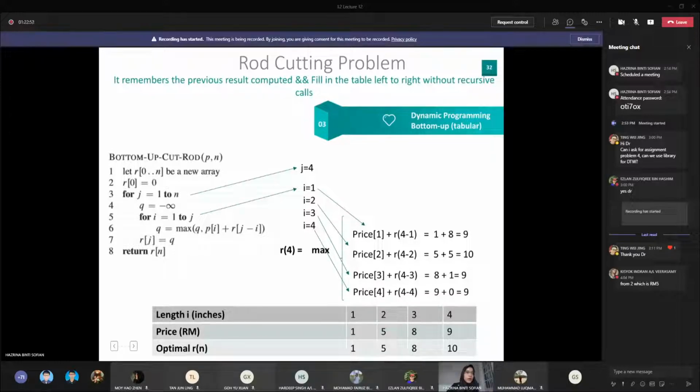So right now, this can be used for business. Let's say even if somebody is selling rod, the value of the rod can vary. When you have this table, you can reuse it for all sorts of n. But it still depends on the problem.